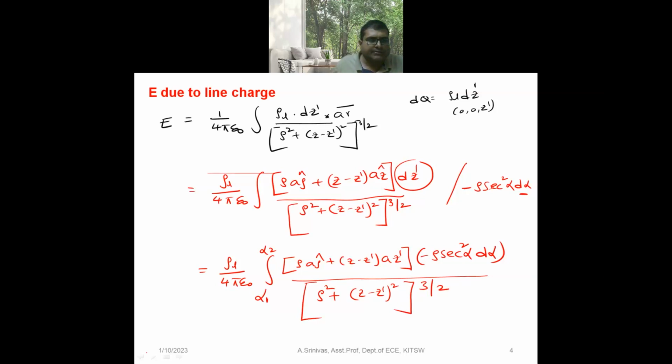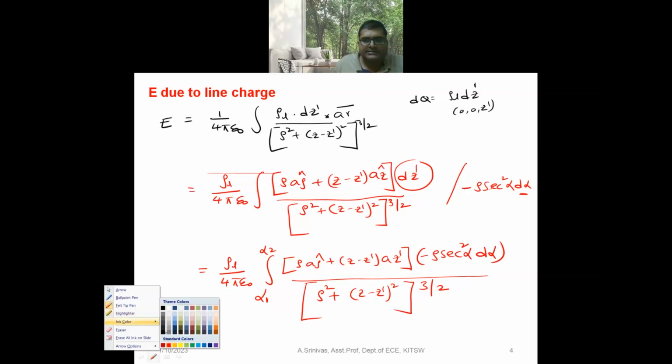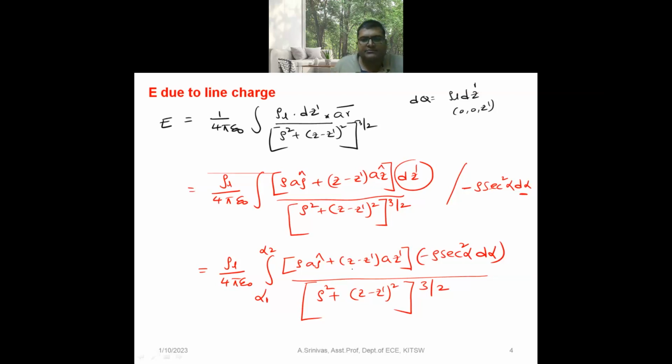Now we are going to replace the terms z minus z dash in terms of rho and tan alpha in the next slide.